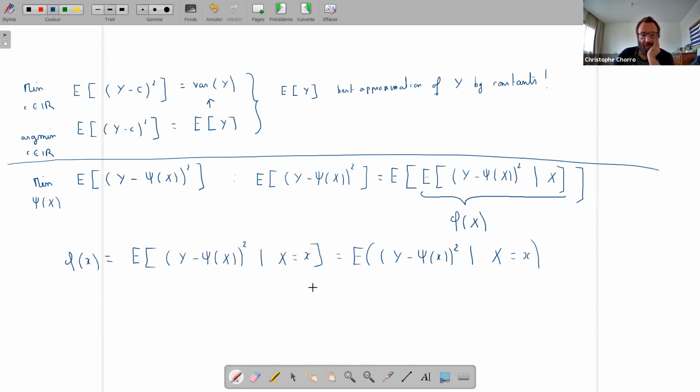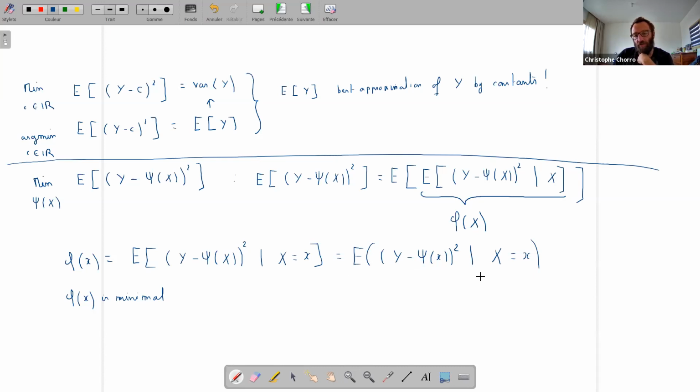If I want to minimize this quantity now, here I have a random variable, and now I have something that is a number. It's not a random variable anymore, through this little trick here. So if I want to minimize this one, this one is minimal for what?